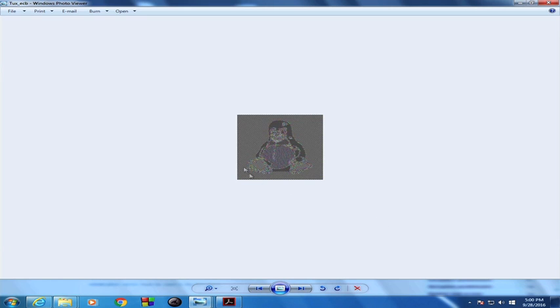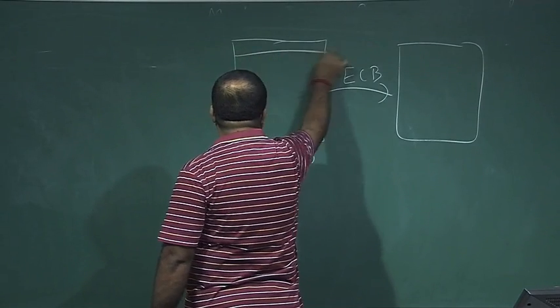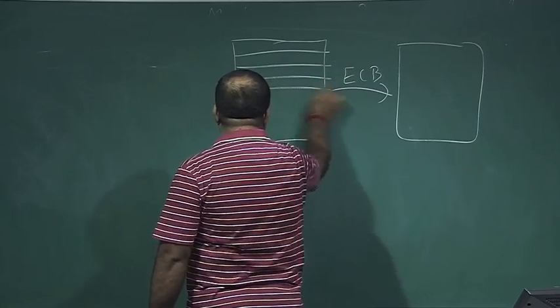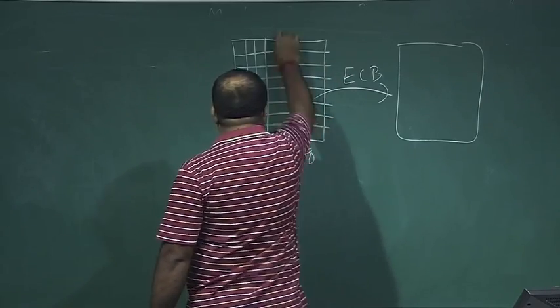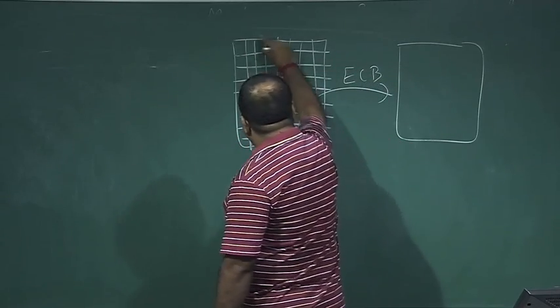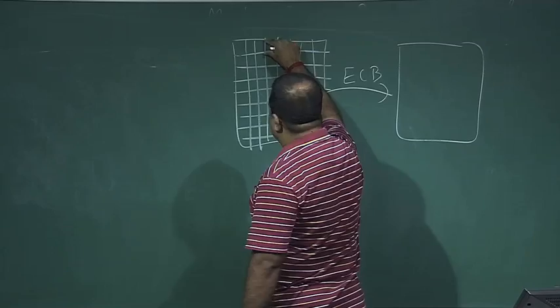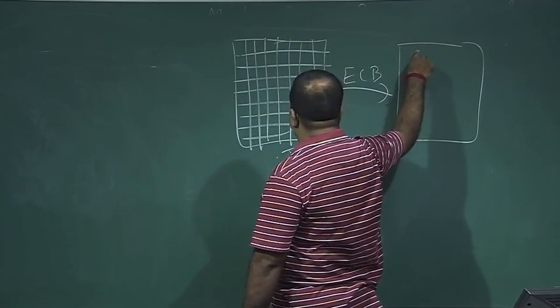Because by seeing this picture we can easily guess that this was the picture of the penguin. So, this is not secure. So, why is it happening? Because in the image, if we partition this into the pixel values, and we are taking some blocks and we are encrypting and generating this ciphertext block.